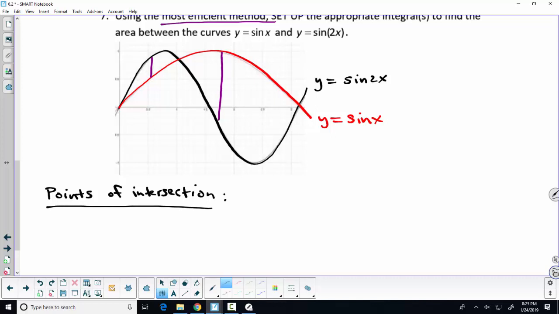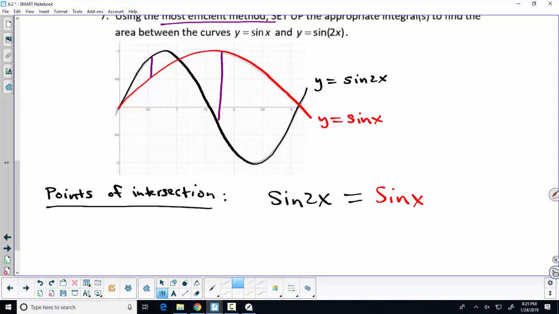Points of intersection where sine 2x equals sine of x. When x equals 0, that'll give us this point here, and pi, my bad, pi.